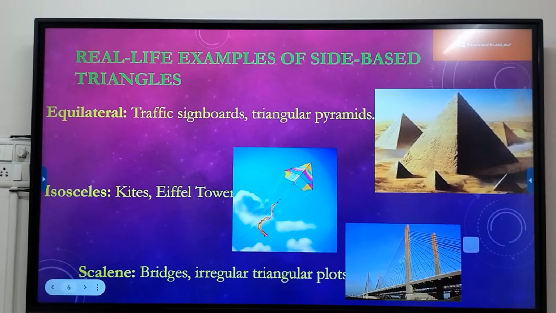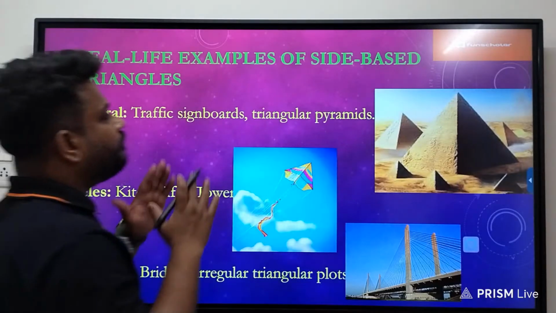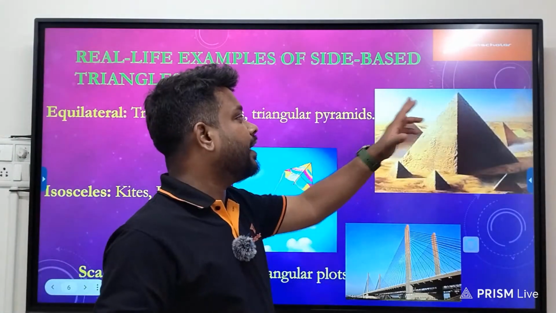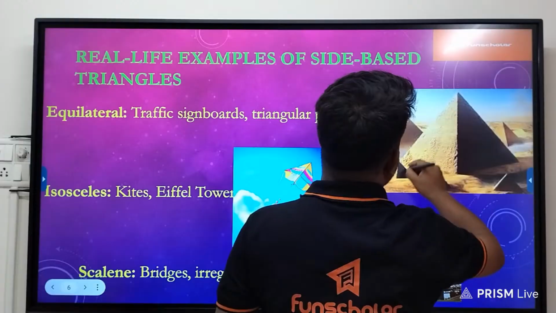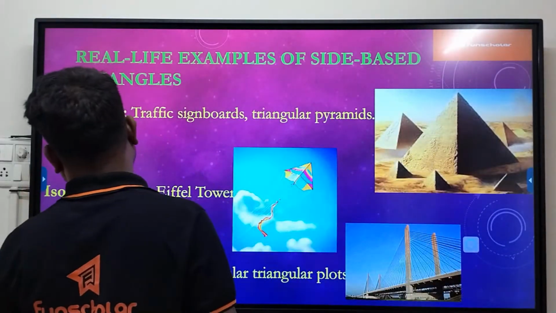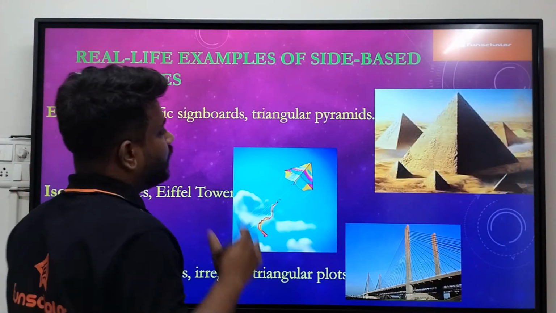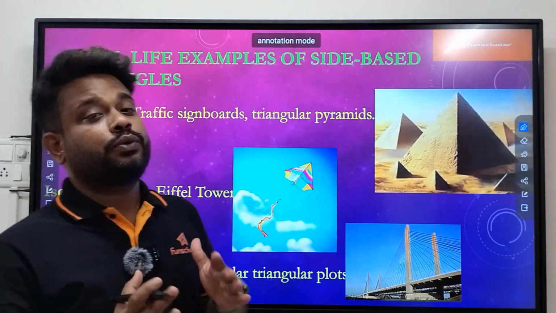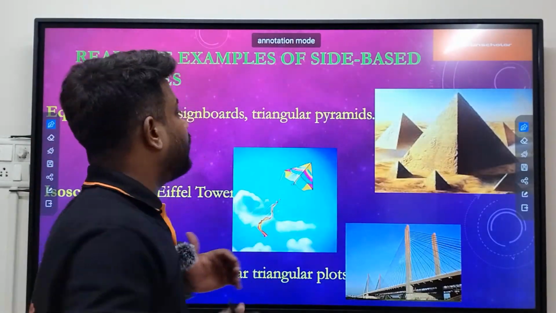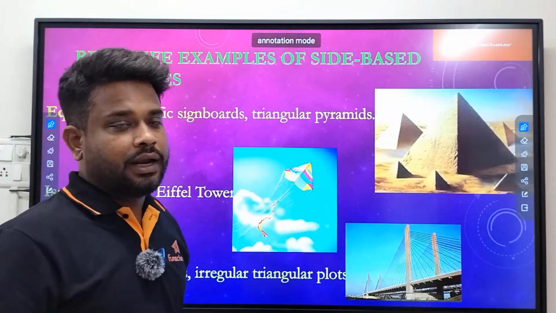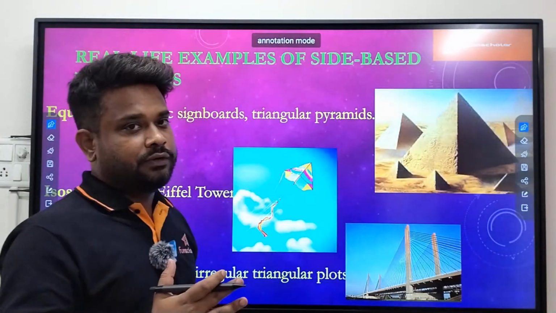Now the real life examples of side-based triangles like the equilateral triangle, and a very good example of any triangle or any three-dimensional figure of a triangle. First of all, you have to understand that the triangle we are currently studying is a two-dimensional figure.